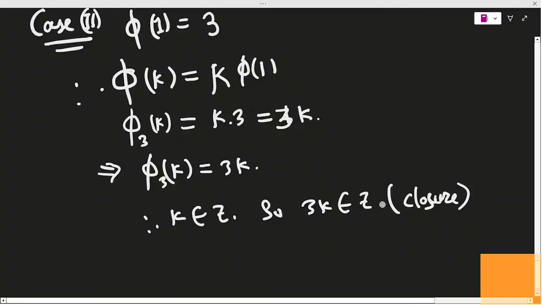So thrice k belongs to Z10, and phi 3 is from Z10 to Z10 according to the property of closure.